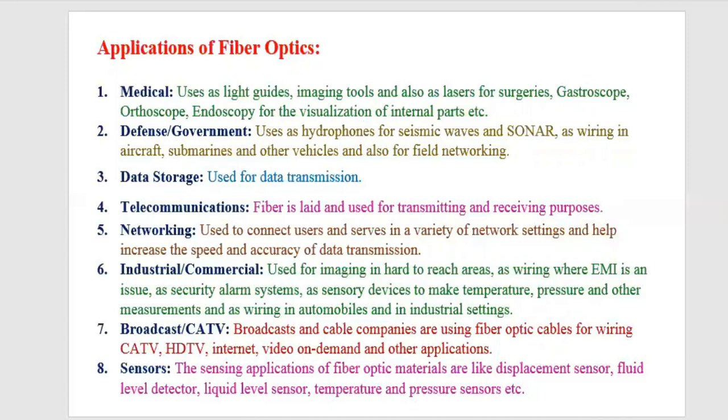The light rays enter the optical fiber and reach over there. Using these optical fibers, the internal body parts can be seen, and they are used for cuttings, lasers for surgeries, gastroscope, orthoscope, endoscope, etc.